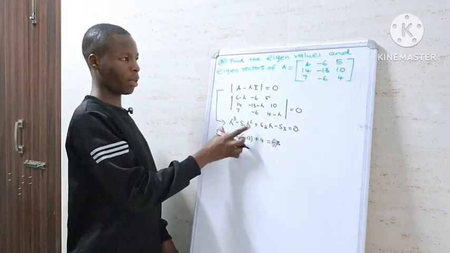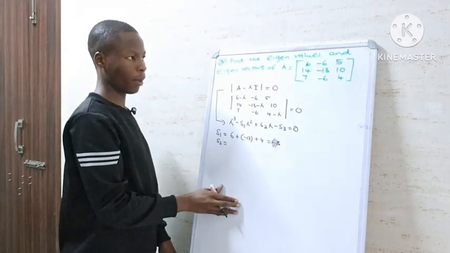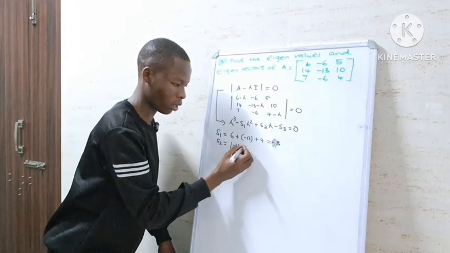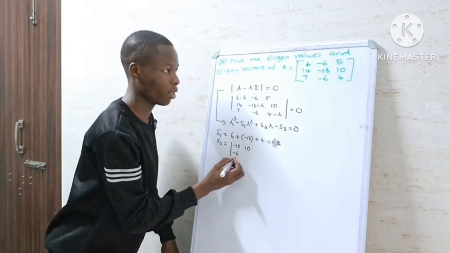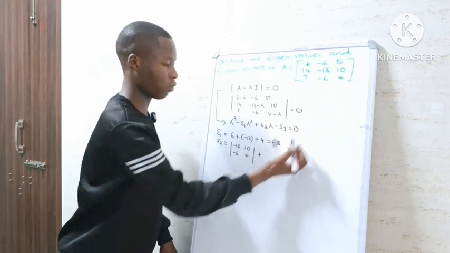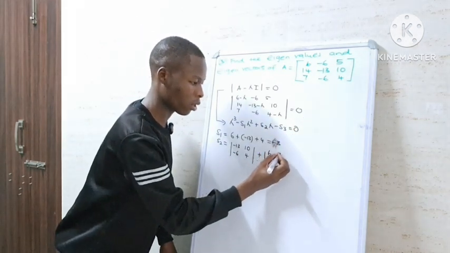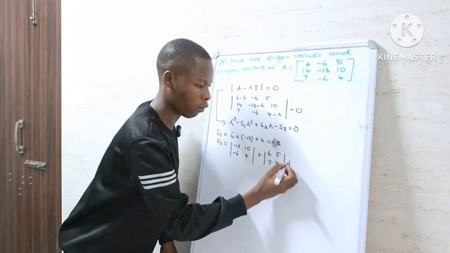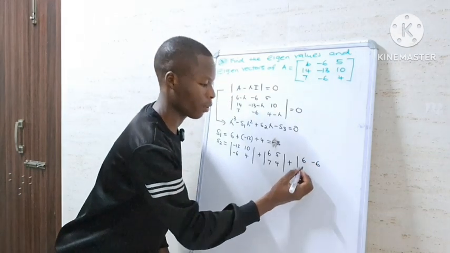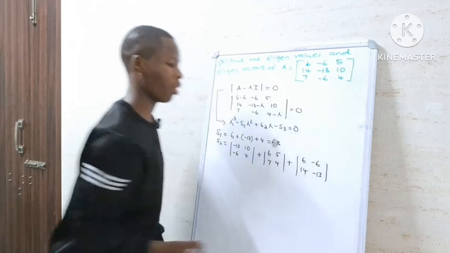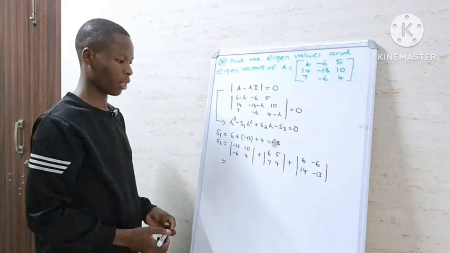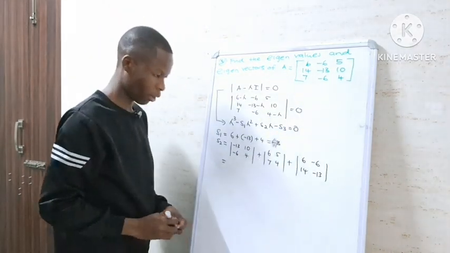S2 is equal to the sum of the minors of elements in the main diagonal. So this is the minor of negative 13, 10, negative 6, 4, plus the minor of 6, 5, 7, 4, plus the minor of 6, negative 6, 14, negative 13.